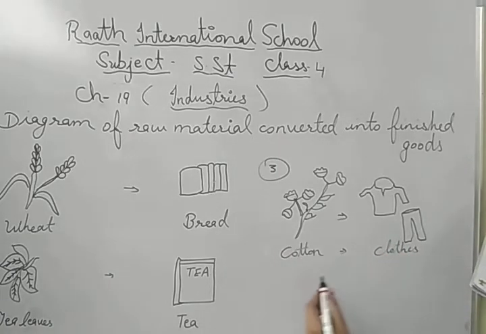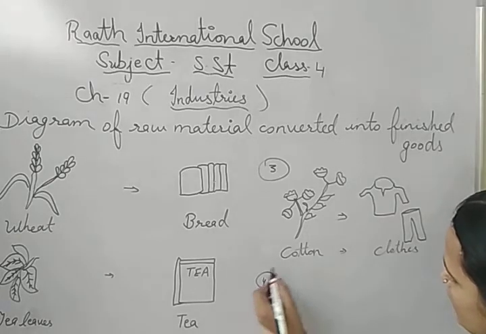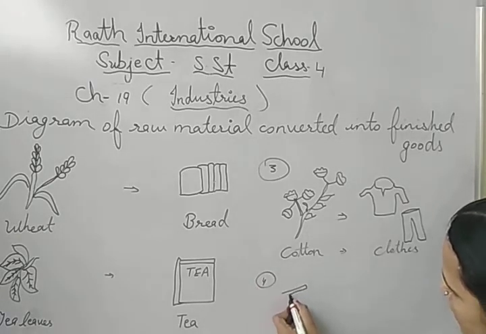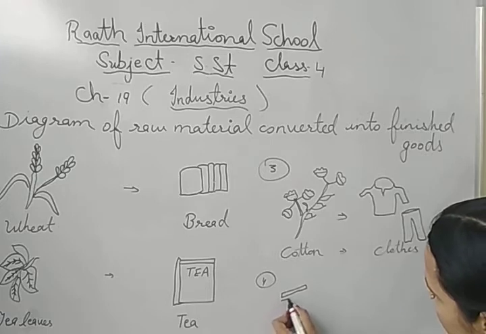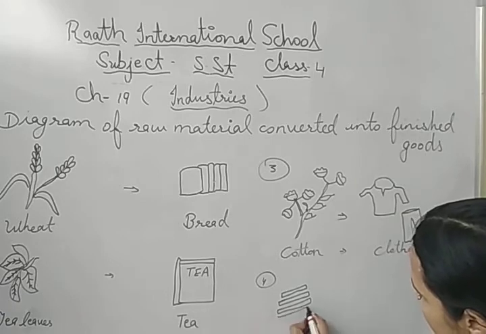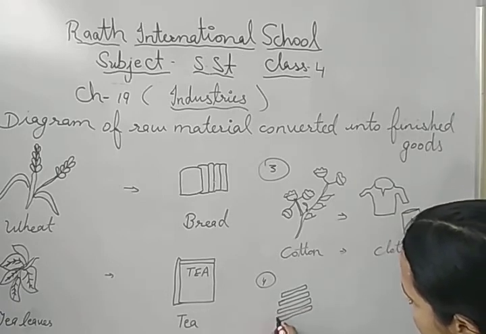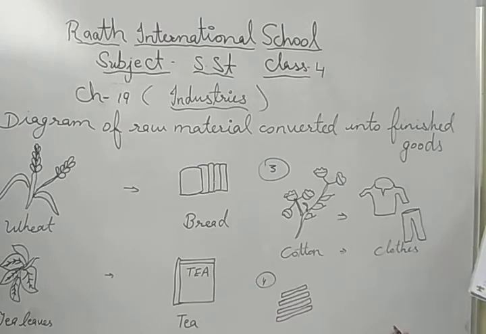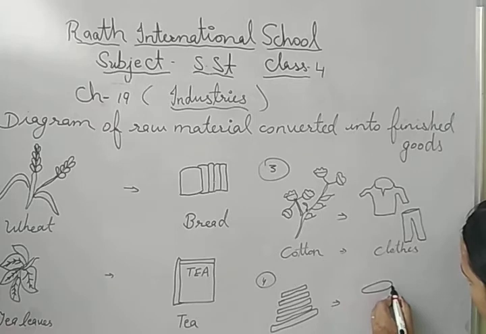And the last one is fourth, that is these are the minerals, metallic minerals. These are the metals, and then utensils are produced from it.